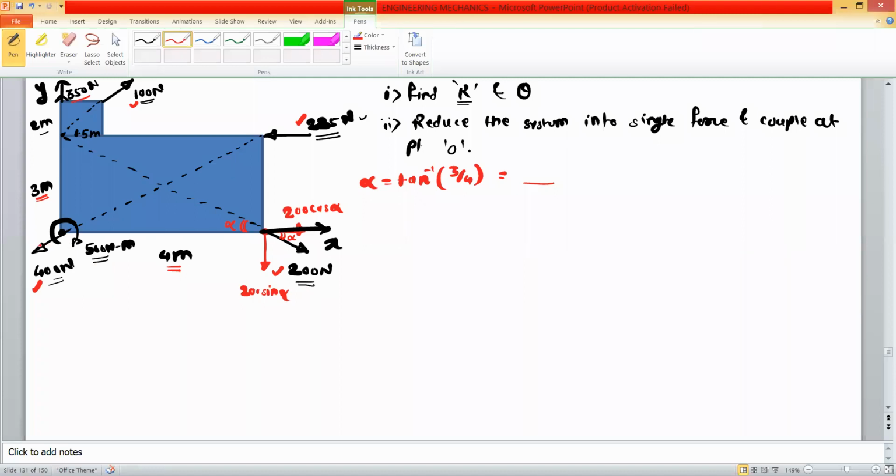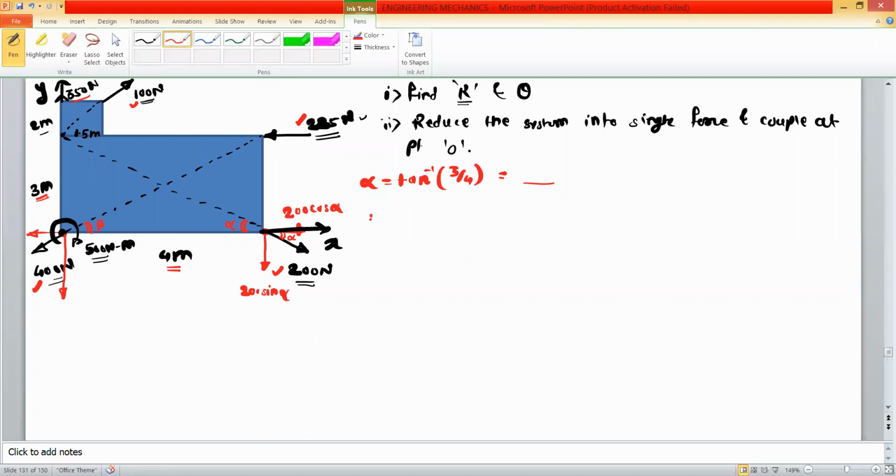Now consider the 400 Newton force. The 400 Newton is exactly acting at the origin, so we can show the components like this: this is the x component and this is the y component. Again for 400 Newton, the angle is not given, so we can find this angle like this. Suppose this is beta.